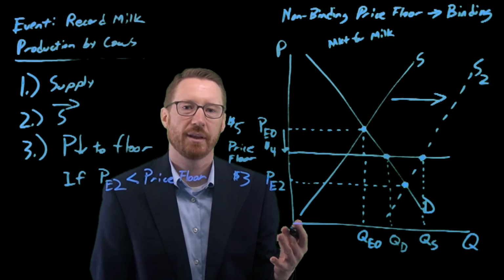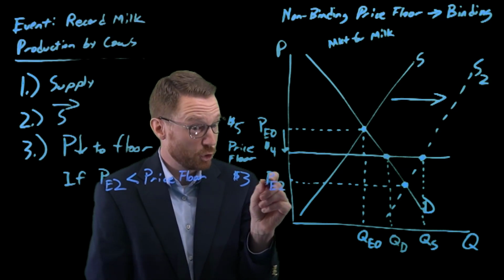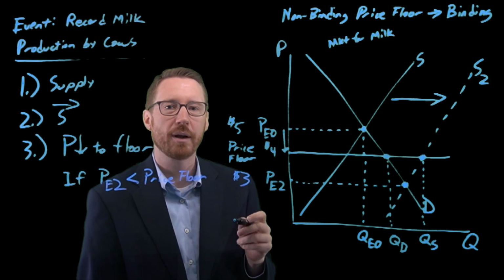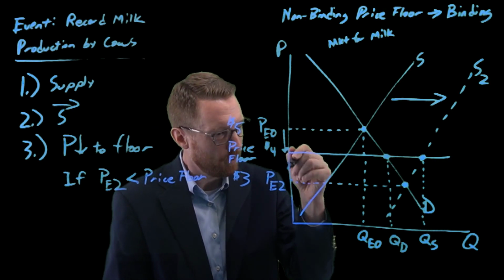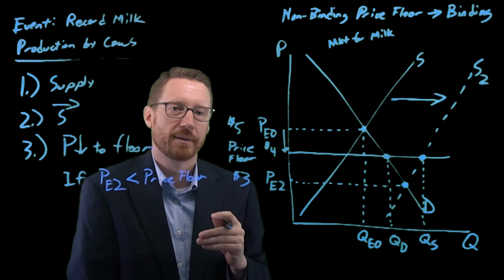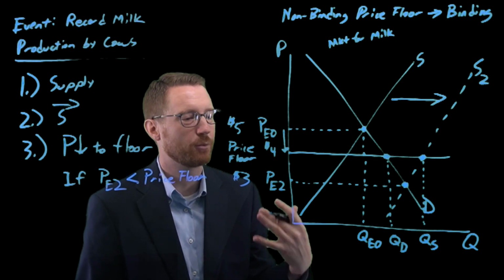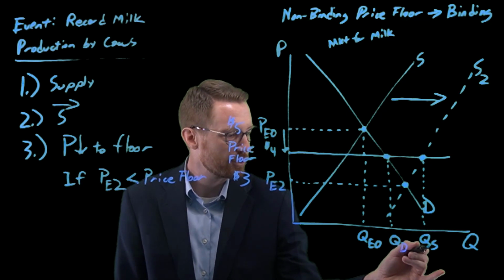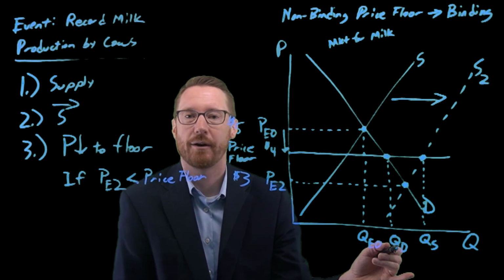Unsurprisingly, when prices are higher than the equilibrium price, remember the price should be P sub E 2, $3, but this price floor makes it $4 instead. Because the price can't fall all the way, we never get the equilibrium. So our price is above the equilibrium price. What does that mean in simple terms? At high prices, high being relative to the equilibrium, $4 relative to $3, sellers want to sell a lot and buyers only want to buy a few.